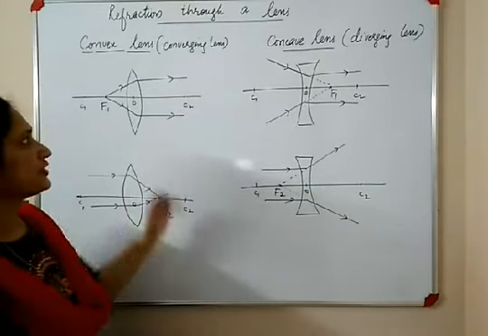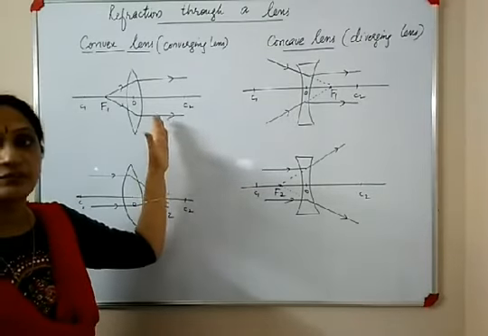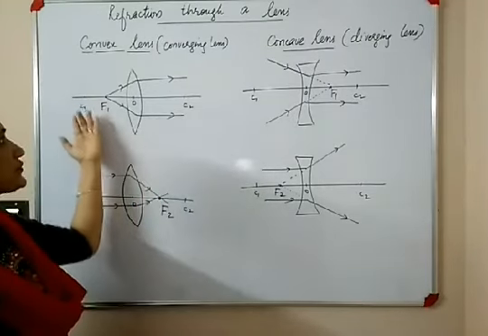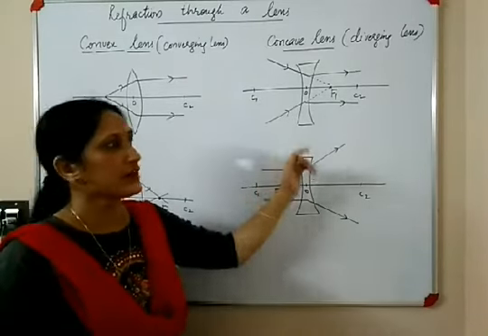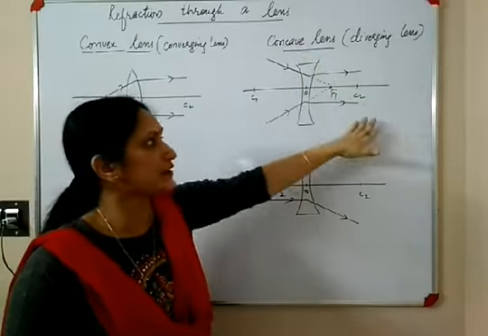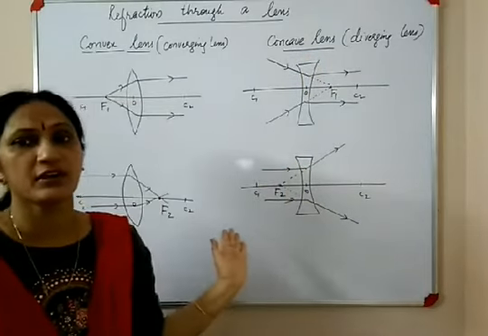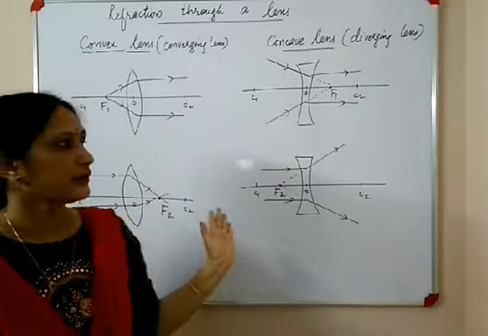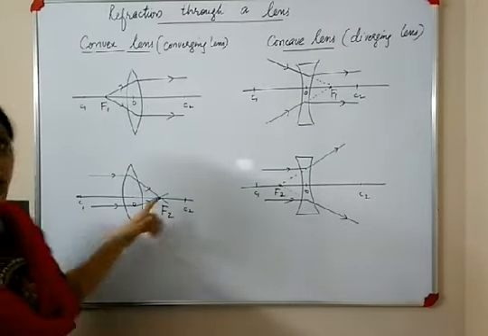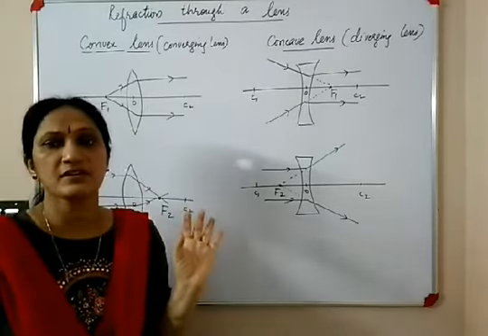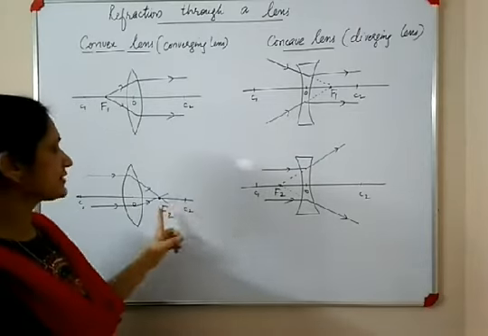And you might have noticed, for a convex lens, F1 comes on the left side, F2 on the right side. But here it is opposite. F1 has come on the right side, F2 has come on the left side. Then another point, for the convex lens F1 and F2 are real points. That means the convex lens has real focus.